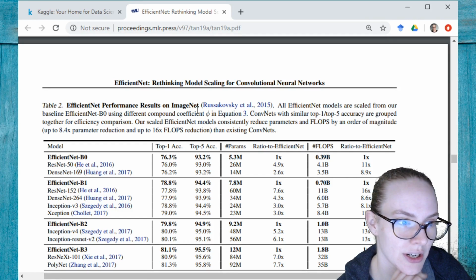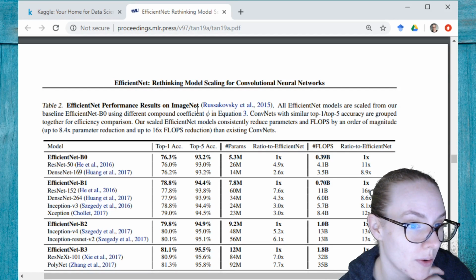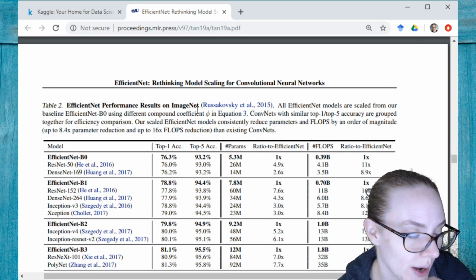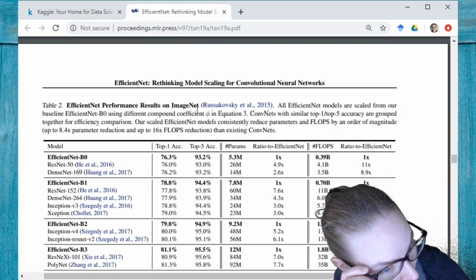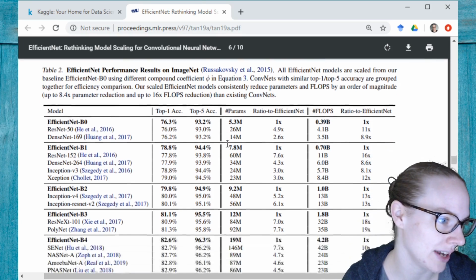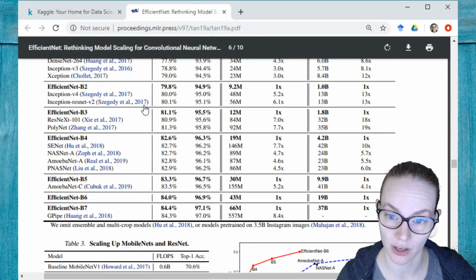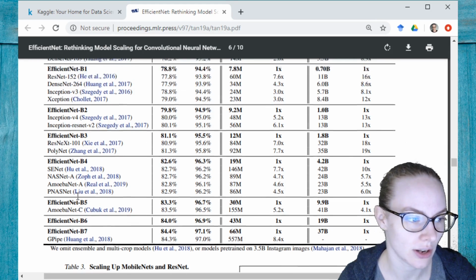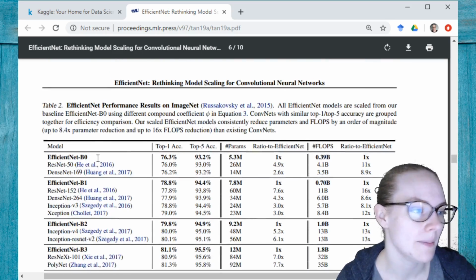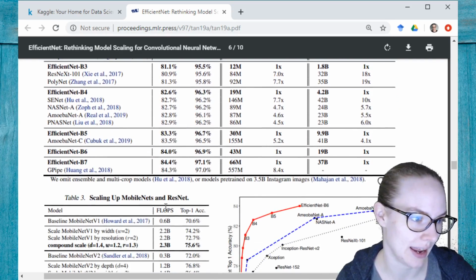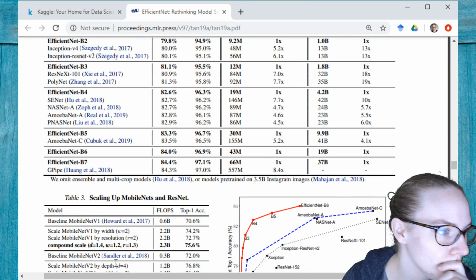Our scaled EfficientNet models consistently reduce parameters and flops by an order of magnitude, up to 8.4 times parameter reduction and up to 16 times flop reduction than existing ConvNets. So here you have, remember they had 7 different models of varying scales. B7 is the biggest one, B0 is the smallest one, and they increase incrementally using this compound scaling as you go up.